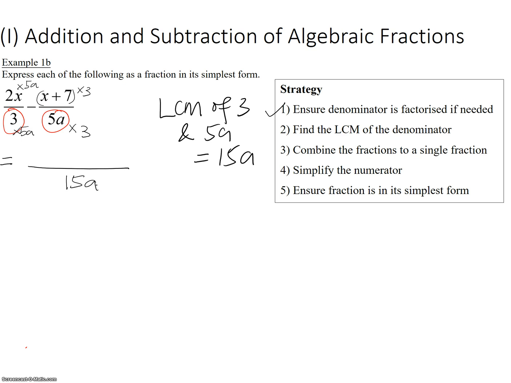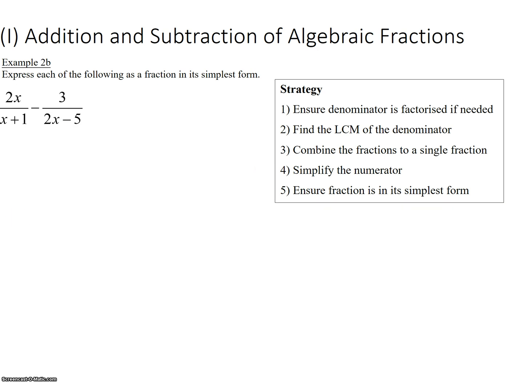In my strategy step 3, the working I have to show is 2x multiplied by 5a minus 3 times x plus 7. Now this is step number 3.